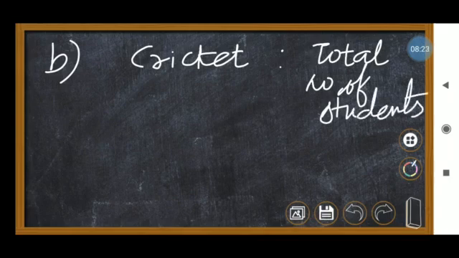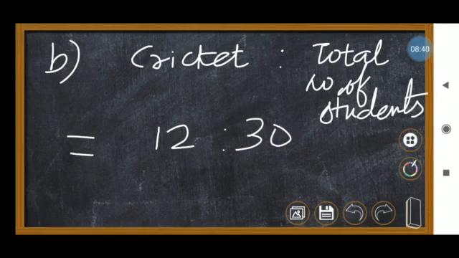How many persons like cricket? 12 like cricket, is to the total number of students. What is the total number of students? 30. So 12 is to 30, which we can write as 12 divided by 30.